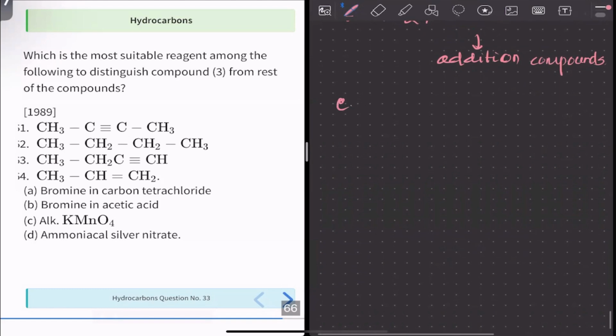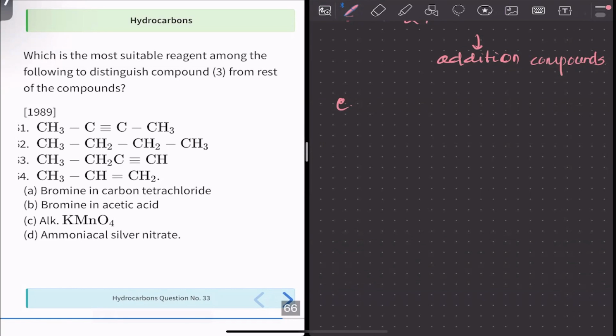Option C, let us see option C. Alkaline KMnO4. It will react with all the compounds, but it will produce a purple color with each of them. So we can't distinguish here also, because it produces the same color.